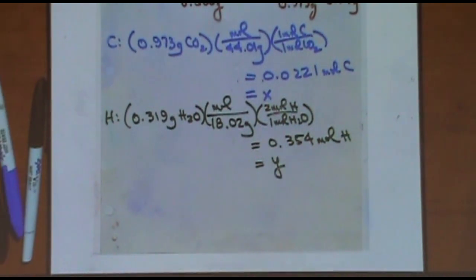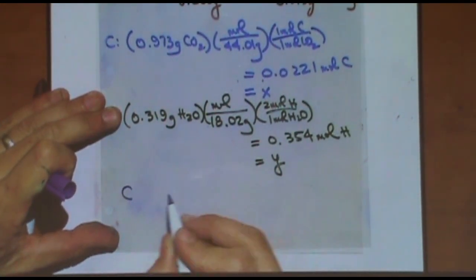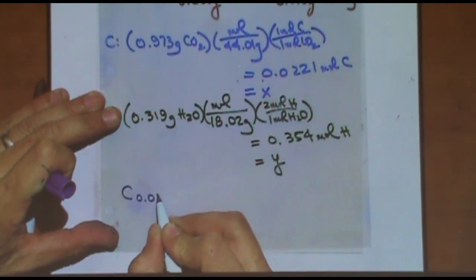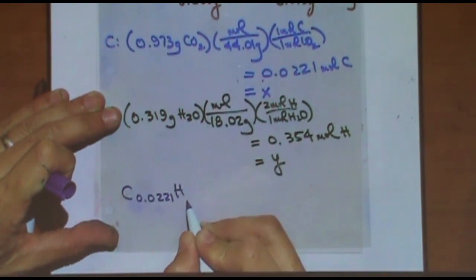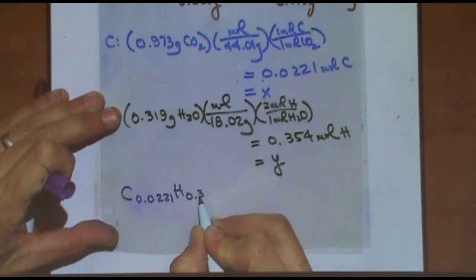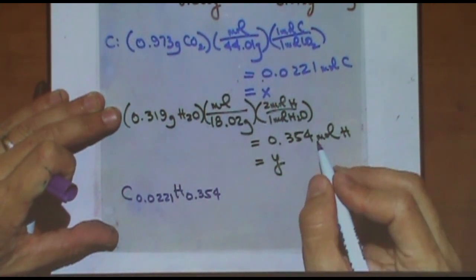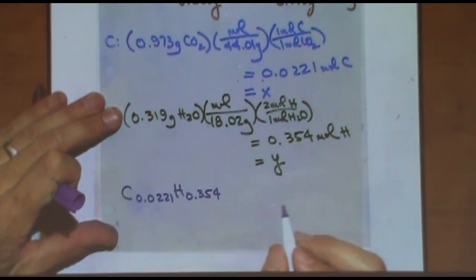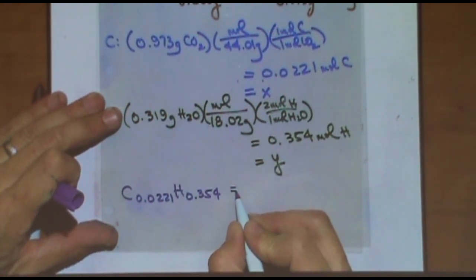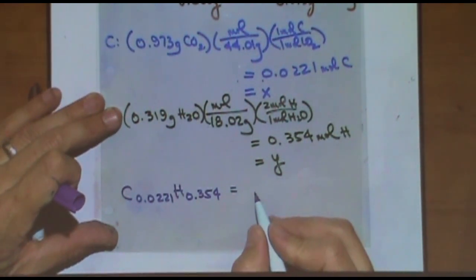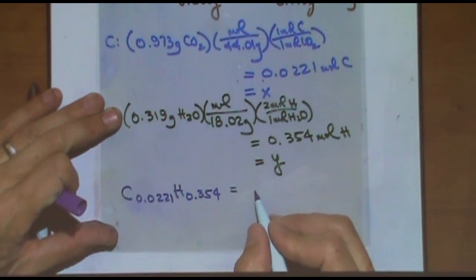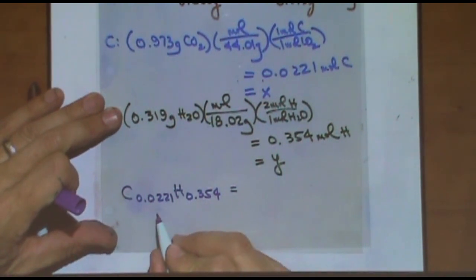So I get, do this. When I divided it through CxHy, did I? Yeah, I think that's right. I got something that looks weird.